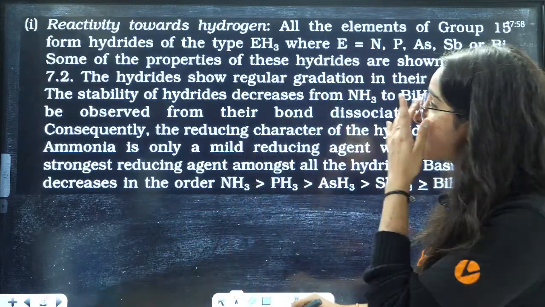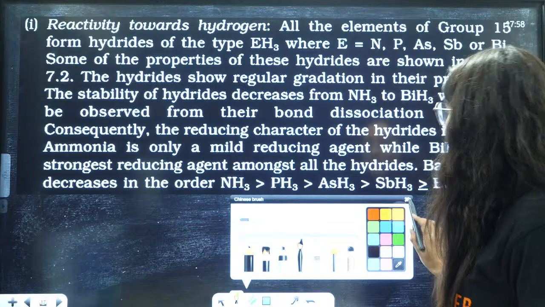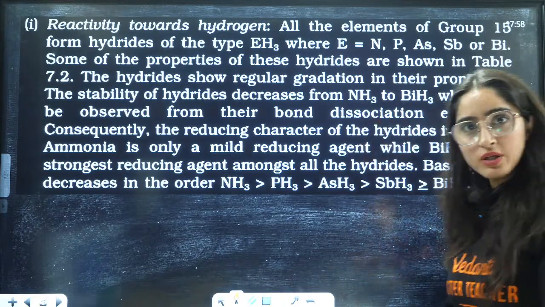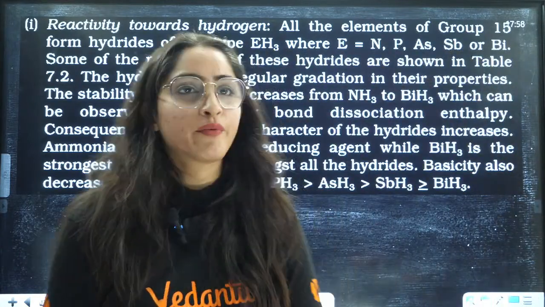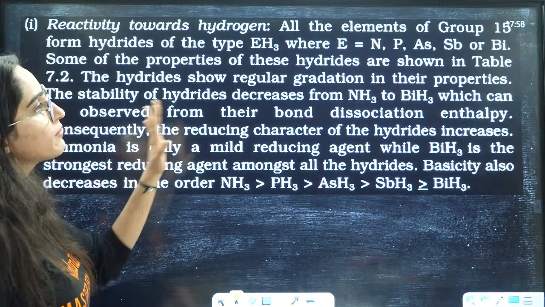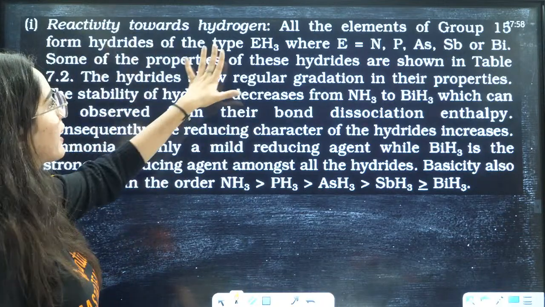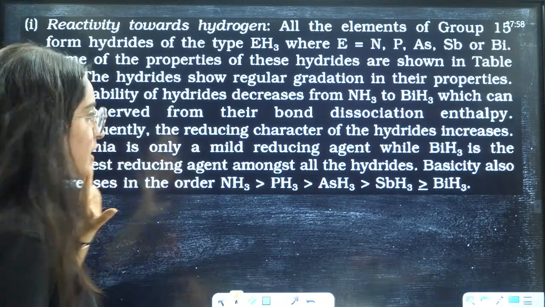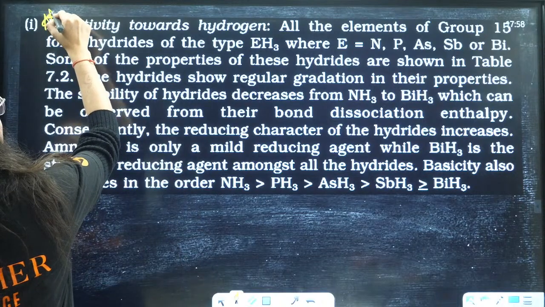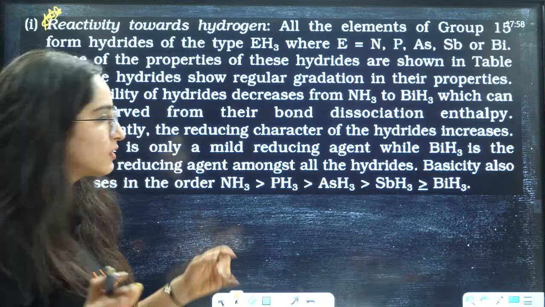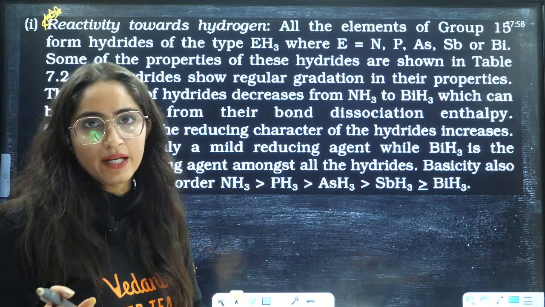Now, the next thing is reactivity towards hydrogen. If you talk about the reactivity towards hydrogen, all the elements of group 15 form hydrides of the type EH3. This is very important because these kinds of things are frequently asked from hydrides.